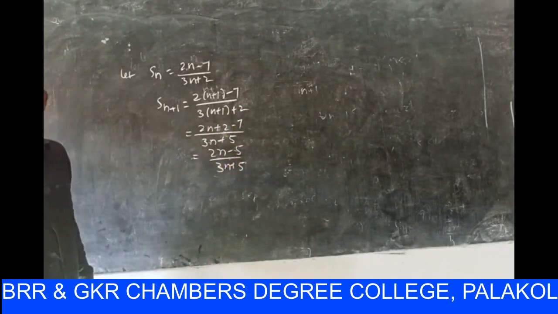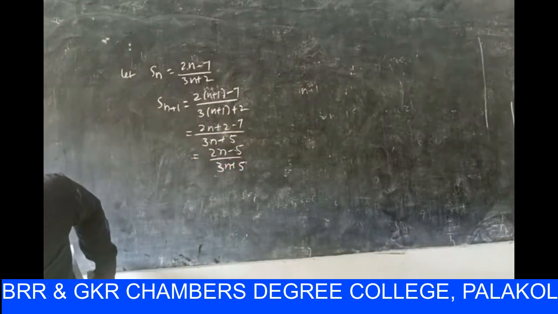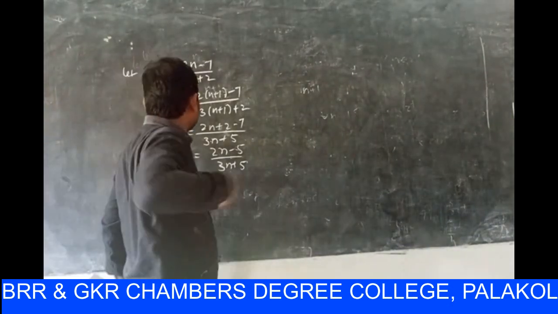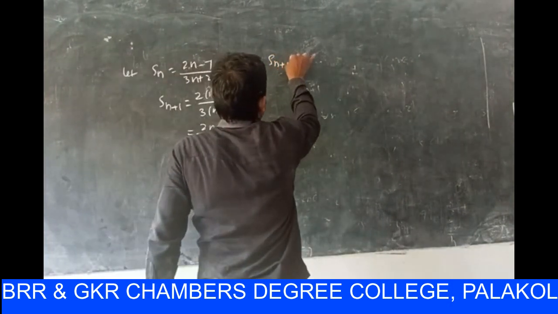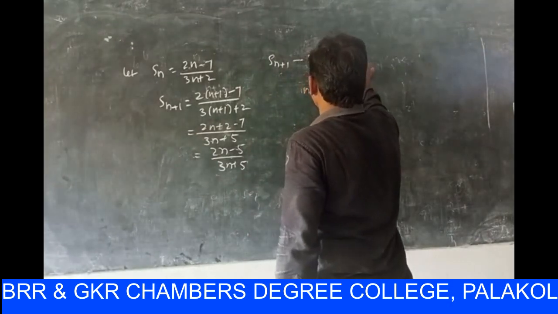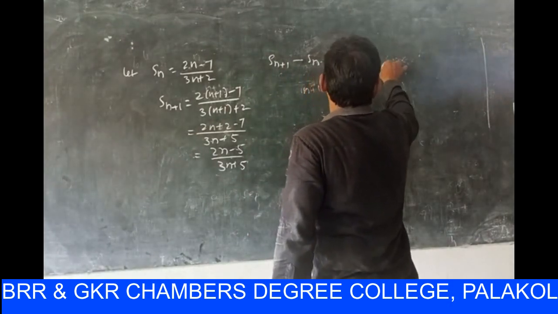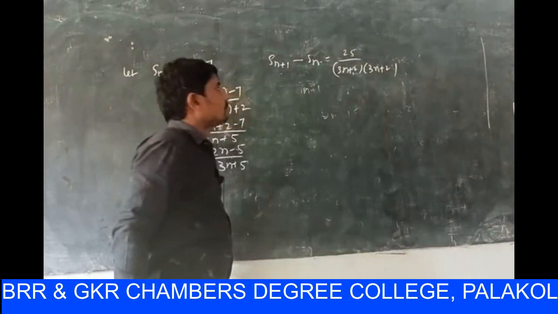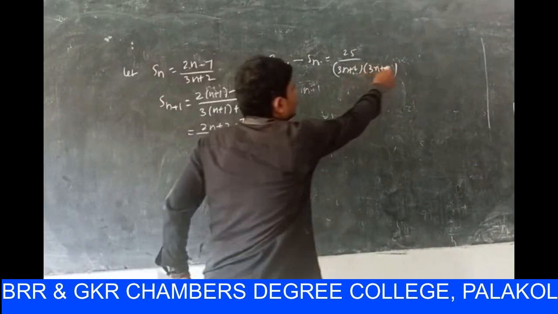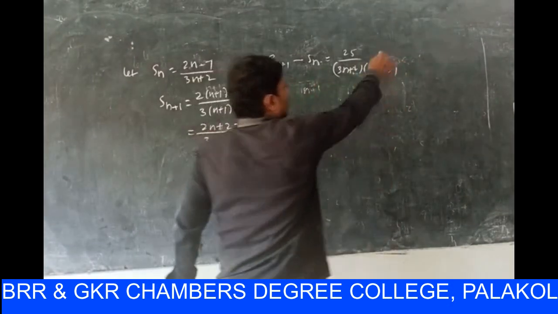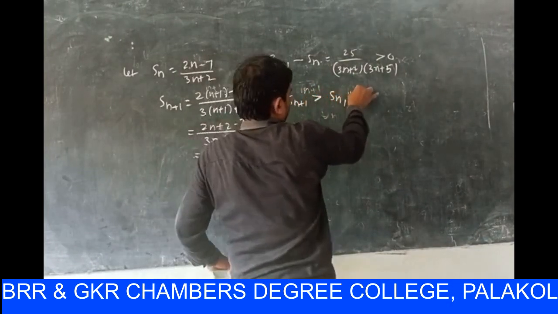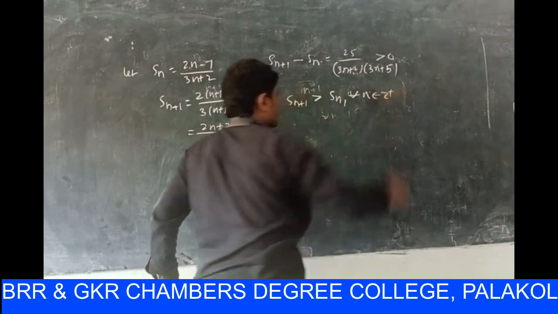This is the value of Sn plus 1. Now Sn plus 1 minus Sn is equal to 25 by (3n plus 2) into (3n plus 5). So it is greater than 0, means Sn plus 1 is greater than Sn for all n belongs to Z plus.